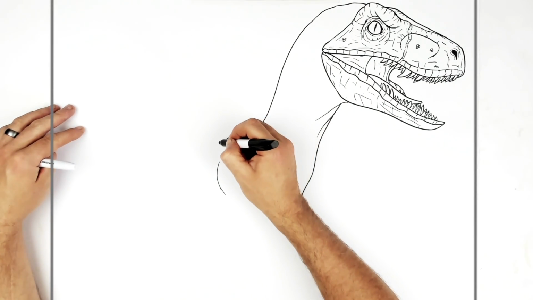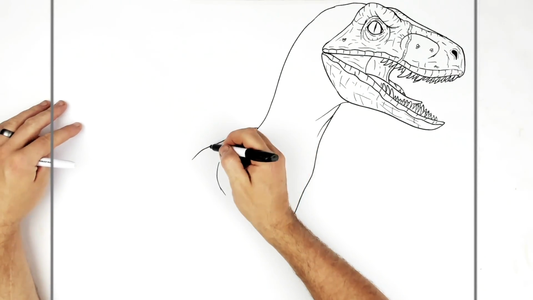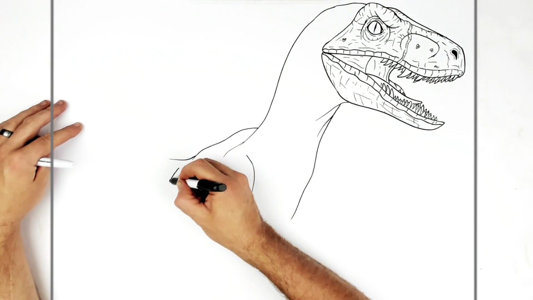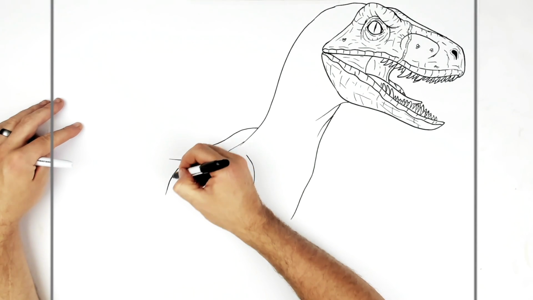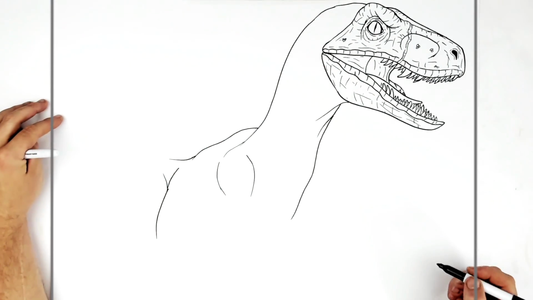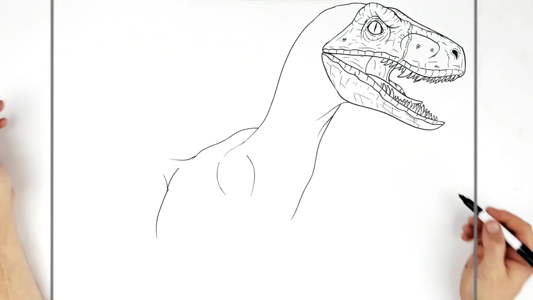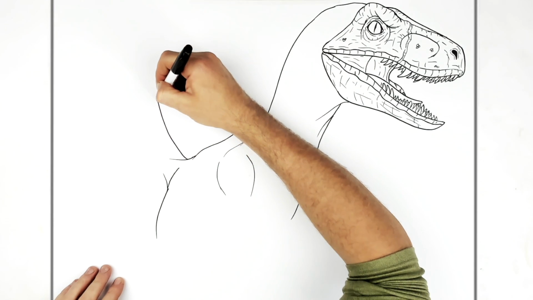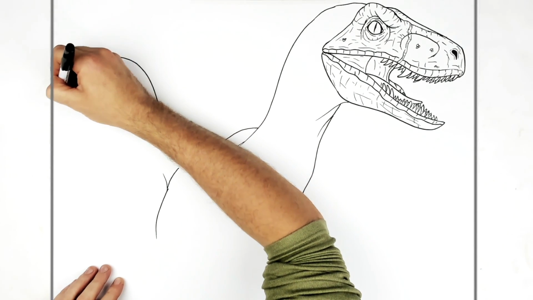And then the back and spine kind of bumps off here. It comes out to like the tail and the hind leg, which is like here somewhere. So the hind leg is like there. Might as well get the tail in, so it just flicks around here.